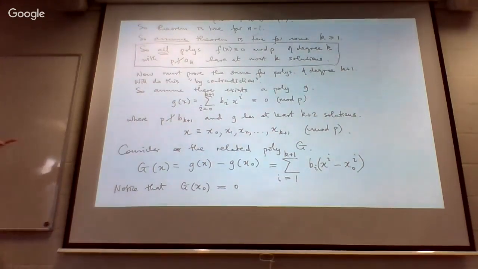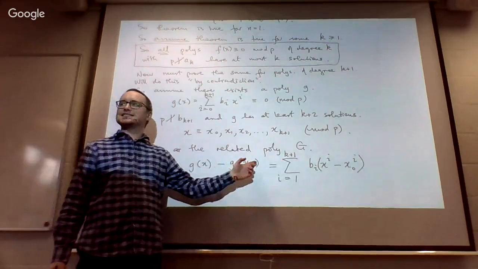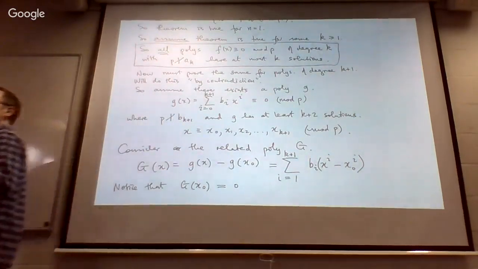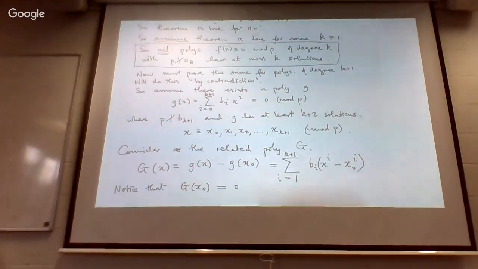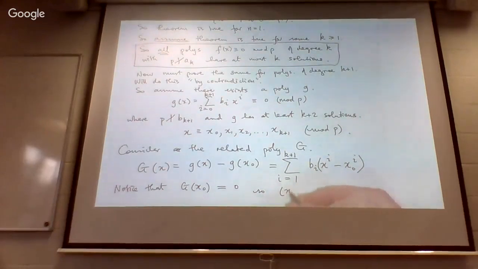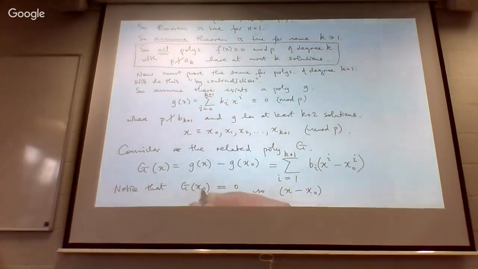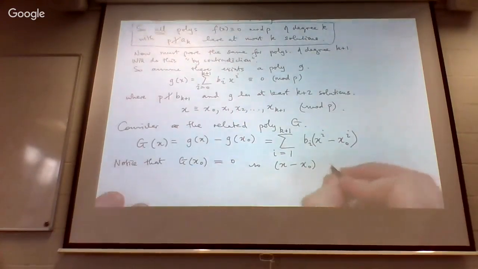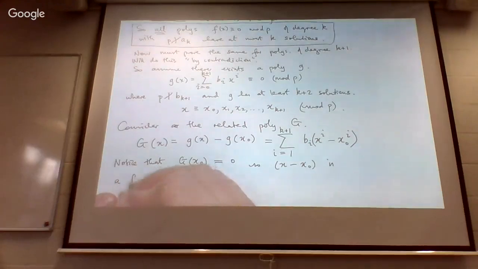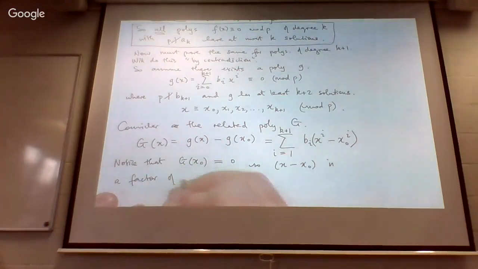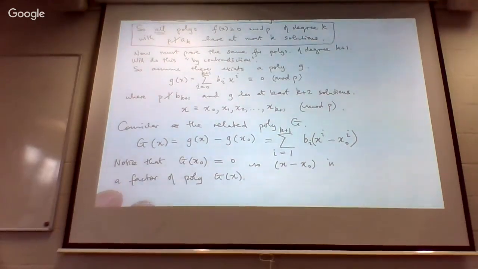Capital G of x naught is little g of x naught minus little g of x naught, so that's just 0. So x naught is a root of the equation capital G of x equals 0. So this is a factor of the polynomial capital G, and we can factorize it.